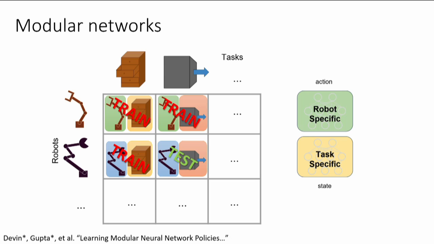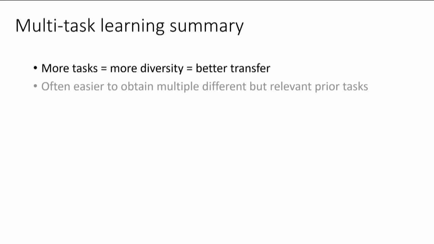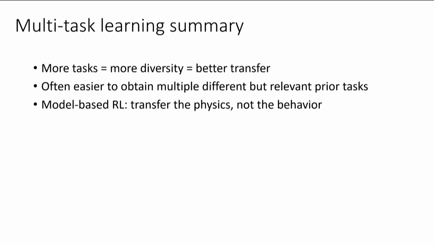Okay. So, summary for multitask learning. Multitask learning is good because the more tasks you have, the more variety there is, the more likely you are to generalize. And it's often easier to obtain multiple different but relevant prior tasks than it is to obtain one perfect source task. So that makes this a good combination. You can do model-based RL for multitask transfer in the hopes that the laws of physics essentially transfer better than a particular task-specific policy.